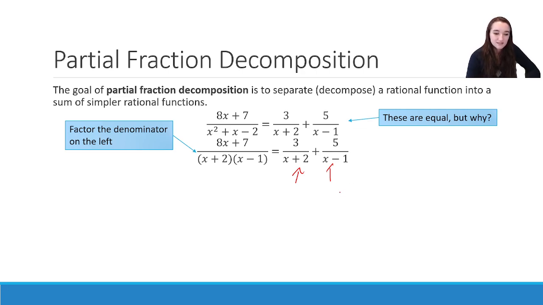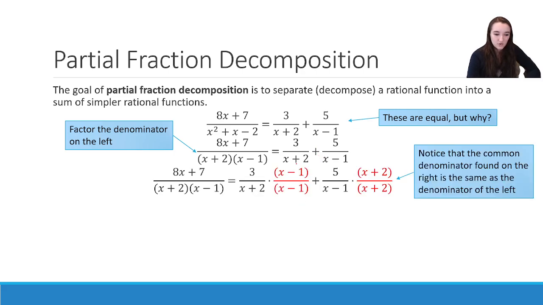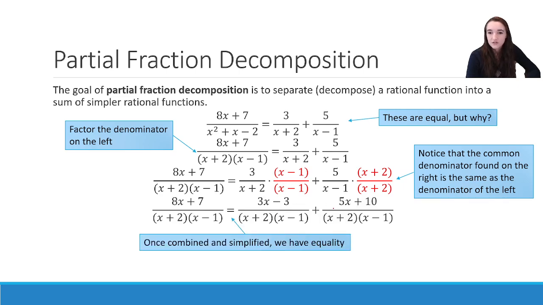Now, if I take these denominators and find a common denominator in order to actually combine our fractions, because that's the only way to actually add them together, I'm going to multiply 3/(x + 2) times (x − 1)/(x − 1) and 5/(x − 1) times (x + 2)/(x + 2).